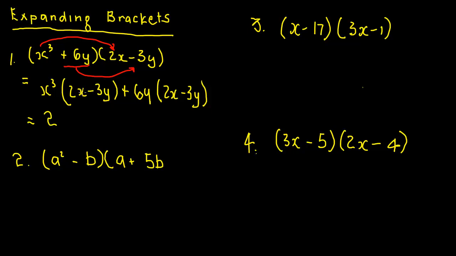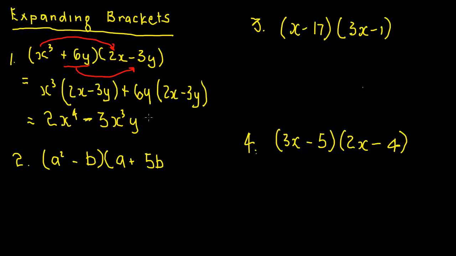Now we've got x times x cubed, so that's going to be x to the power of 4. 2x to the power of 4 minus 3. Now it's usual to keep them in alphabetical order as well. So 3 times x cubed times y. We don't have to put the times in here.